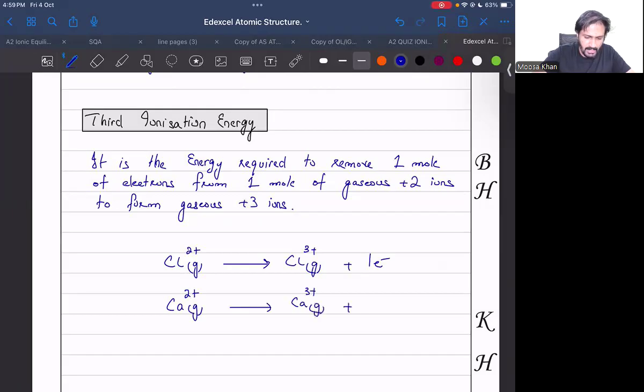Obviously, you have not seen calcium forming a positive 3 ion, but right now we are just removing the electrons by force. A calcium atom has 20 electrons. We can remove all 20 electrons if we want, just by providing ionization energies. If we keep on removing electrons, ultimately it will form calcium positive 4 ion, then 5 positive, 6 positive, 7 positive. It will go on.